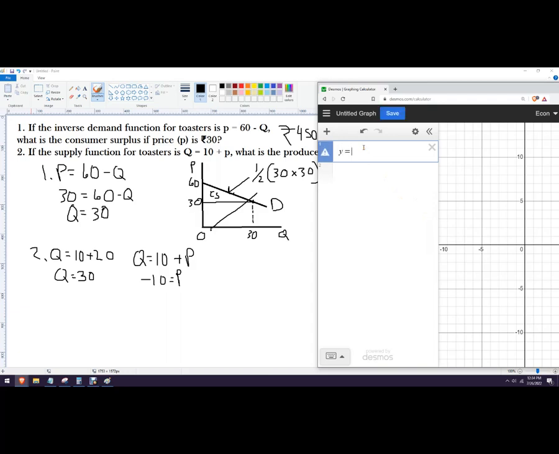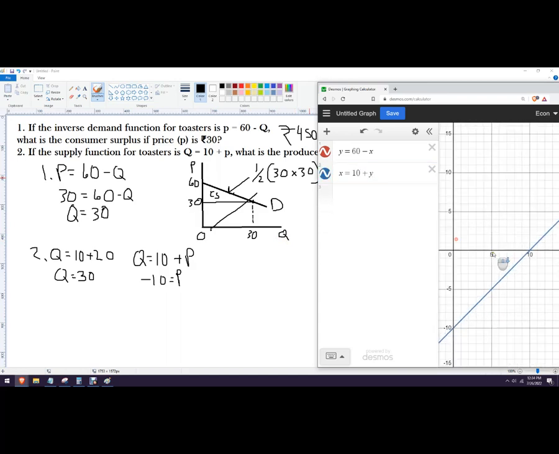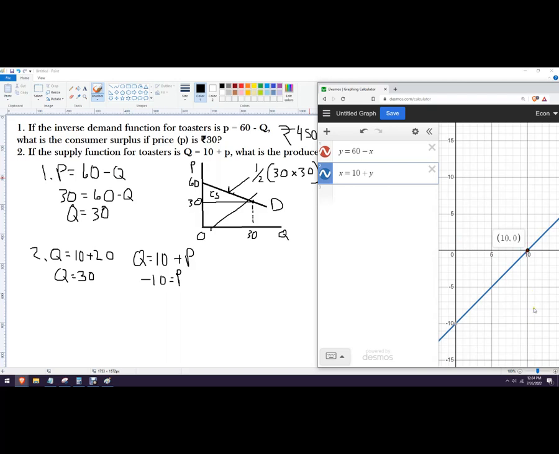We're going to use y, so substitute y instead of price. So 60 minus x, and then substitute x for quantity, because that's the x-axis, and then the y-axis. Okay, so we'll go here. Now this one is x equals 10 plus y. Okay, so that would have been 10.